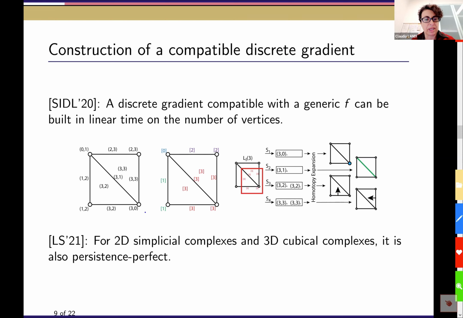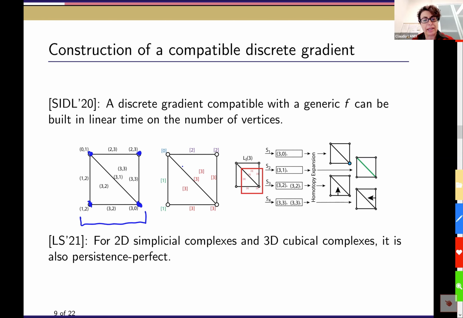If we start from this simplicial complex with this function defined first on the vertices and then extended to the other simplices by taking the maximum component by component, then we can build a compatible gradient on it simply by first indexing the vertices in such a way that the order we had originally for f is linearized, and then extending again to other simplices by taking the maximum.